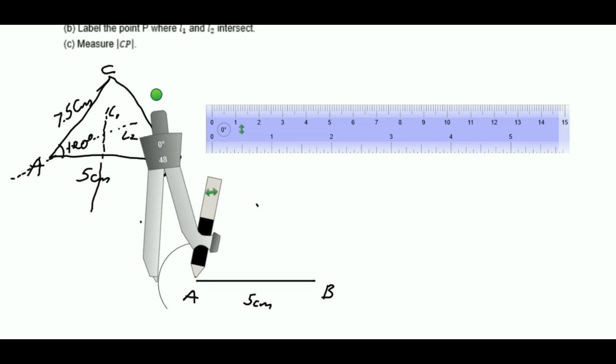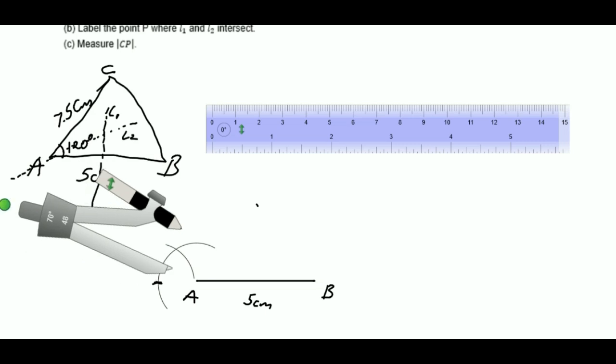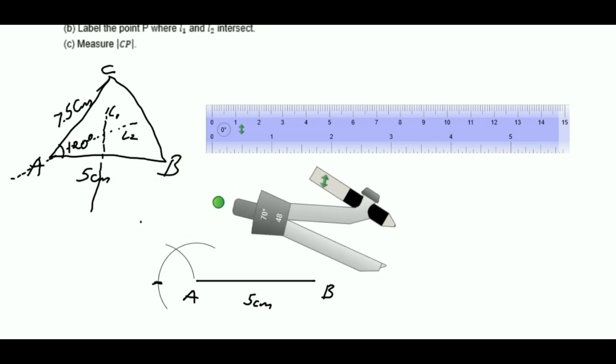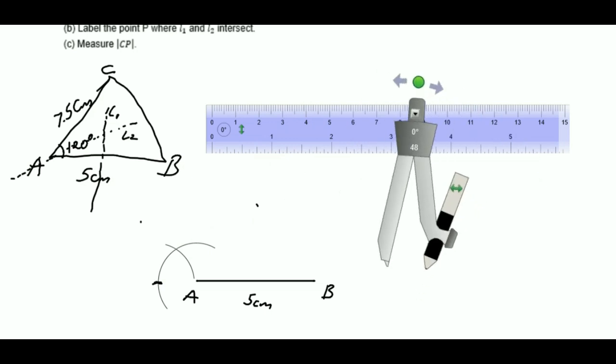Make sure you know where your A is starting from, then extend your line up to this point so you know where that line intersects with this arc. Then from that point you draw an arc with the same radius as this arc. You draw an arc to cut this other arc here. Once that is done and dusted, then you can put your compass somewhere else.